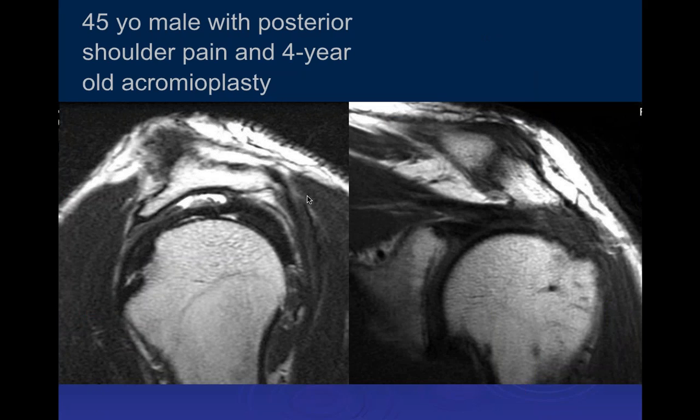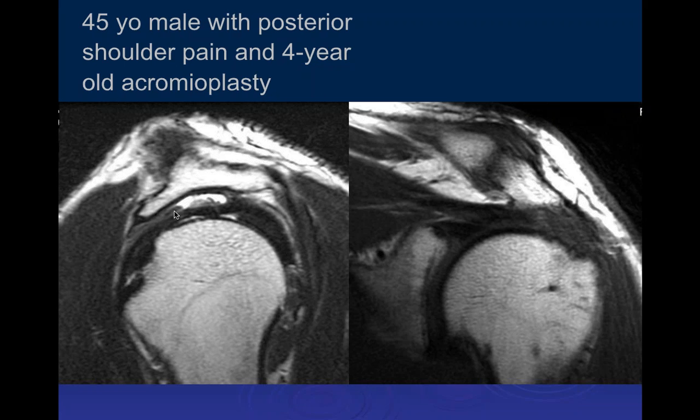A 45-year-old male with posterior shoulder pain and a 4-year-old acromioplasty. We have what looks like a sagittal T2 and a coronal PD, T1. On the sagittal view, the acromion has an anterior hook or inferior osteophyte.